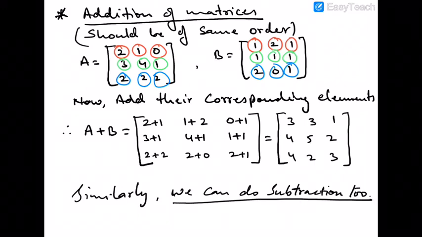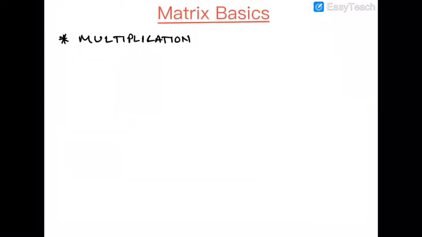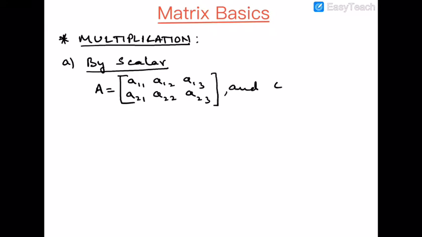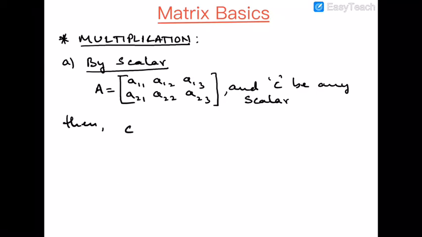Now let's do multiplication, and multiply by a scalar first. So if a matrix A is equal to A11, A12, A13 and A21, A22, A23 and C is any scalar, then C times A will be C times matrix A11, A12, A13, A21, A22, A23.